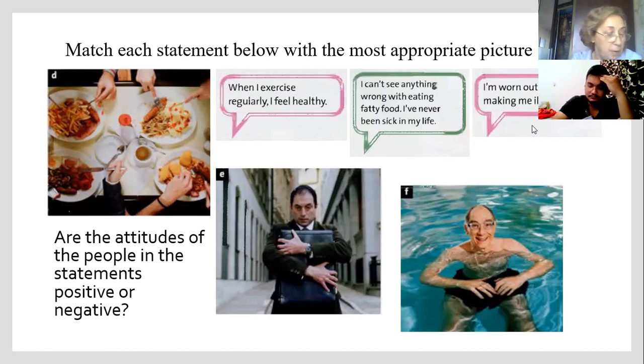And the next statement is for Priyesh. What is it about? I'm worn out and it's making me ill. It's E. What is happening in picture E? Where is the person and why? He is standing between two streets and he's holding a bag and he's really tense. He's tired mentally, and that's why he's feeling sick and alone.